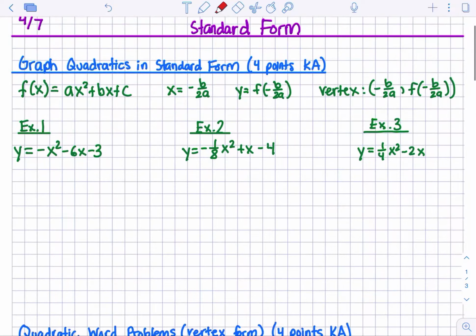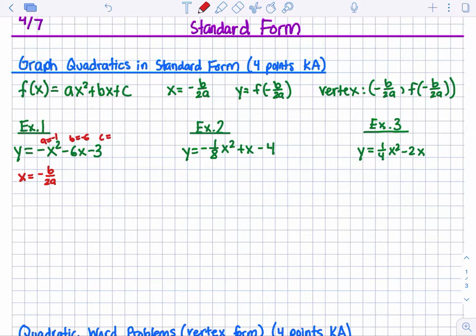So when you guys do this example 1, you first have to graph or find your vertex. So what we have to do is x is equal to negative b over 2a. Now recall, here's your a value, which is negative 1. This is your b value, which is negative 6.